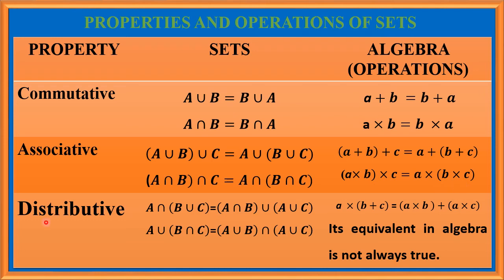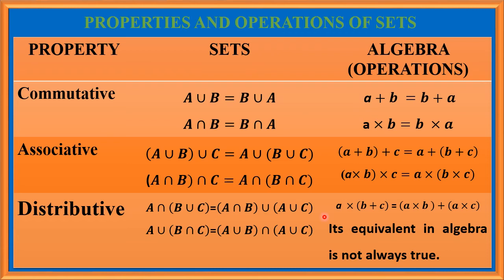Then for distributive property, this also contains three elements. We have set A, B, and then C. If you have A intersection in bracket B union C, and this is equal to A intersection B union A intersection C, which we have here, then it shows distributive property.